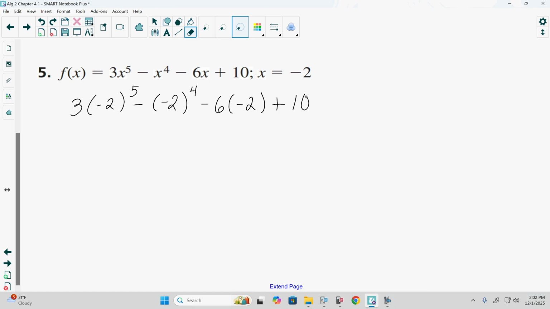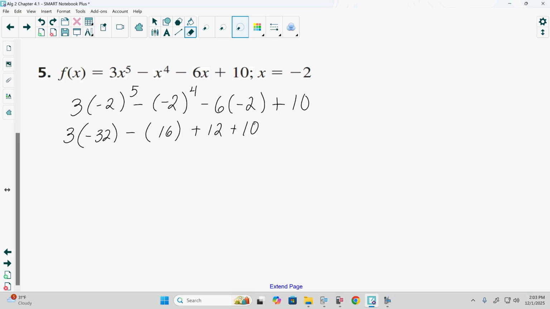At this point here, we can type this whole thing in. 4, 8, 16, -32. -2 to the 5th would be -32. -2 to the 4th: 4, 8, would be positive 16. Negative 6 times negative 2 would be plus 12, plus 10.